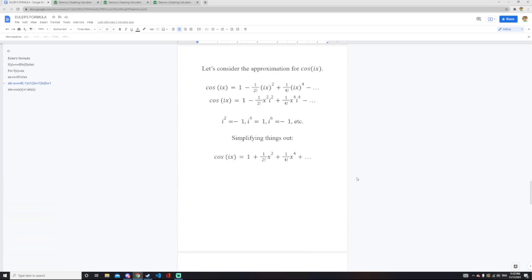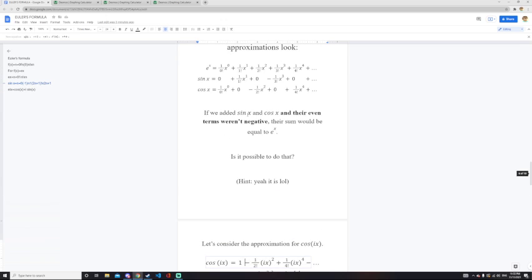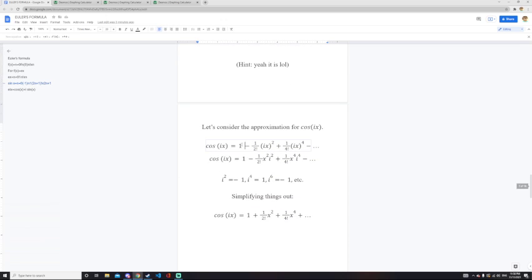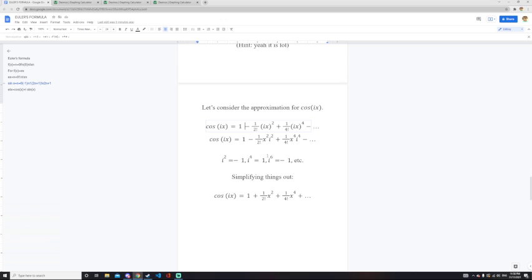Let's consider the approximation that we made for cosine of ix. I simplified this other term up here to 1, because anything to the 0 is just 1. So cosine of ix is just 1 minus 1 divided by 2 factorial times ix, because we're just directly substituting this in.